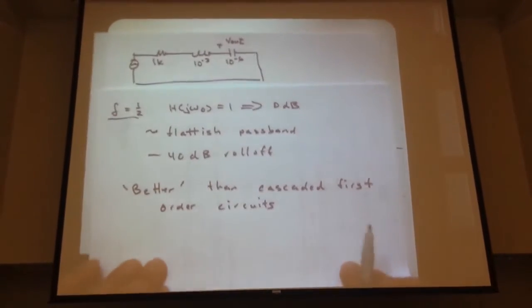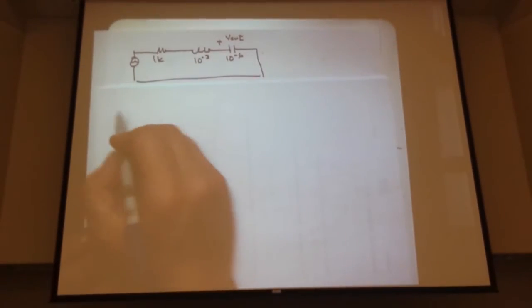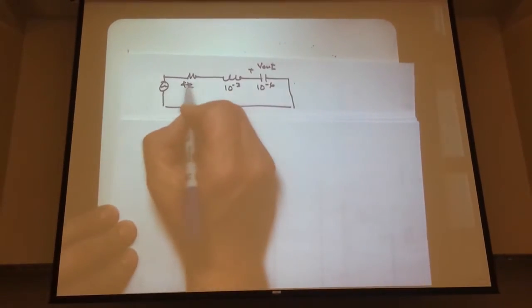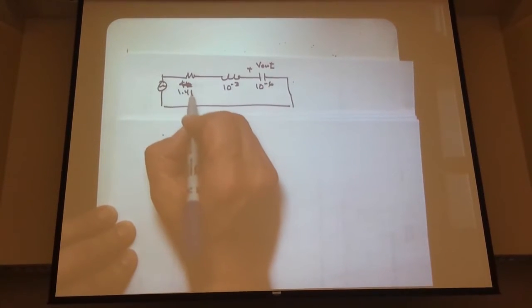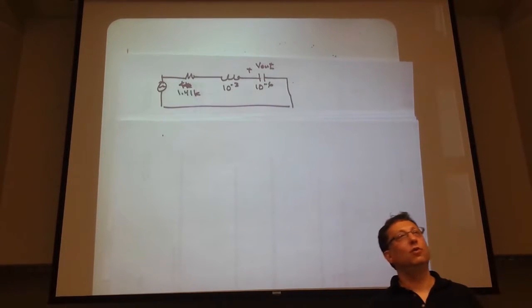Another one we can look at is the same circuit. We can say 1.41K, which should be a number that's a little bit familiar. What does 1.41 remind you of?